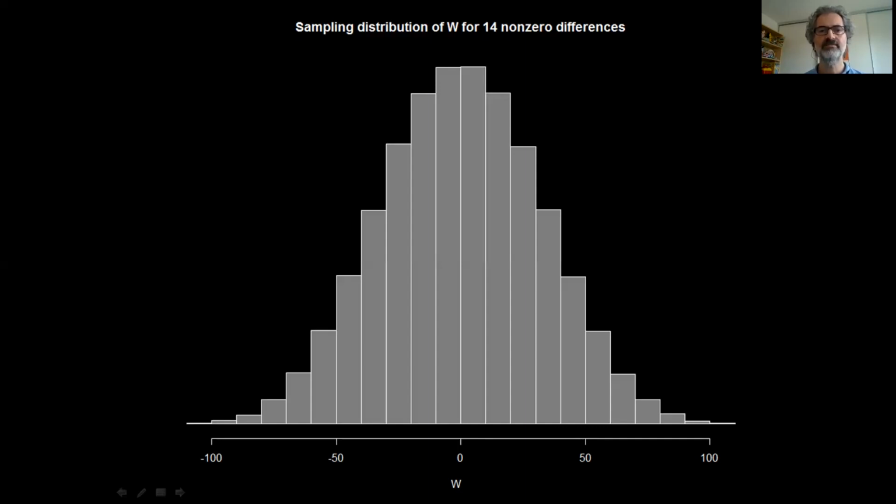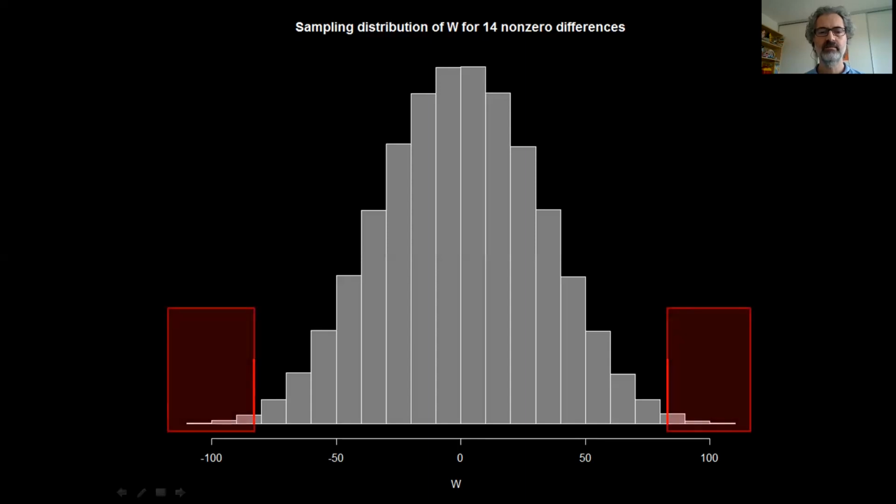And our value of W for 83, which is there, is out at the tails of the distribution. So 83 on the one side minus 83 on the other side, and values of 83 or farther away from 0 on either side add up to almost 0.008.